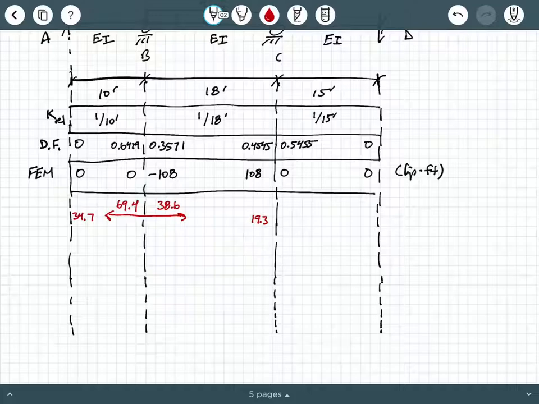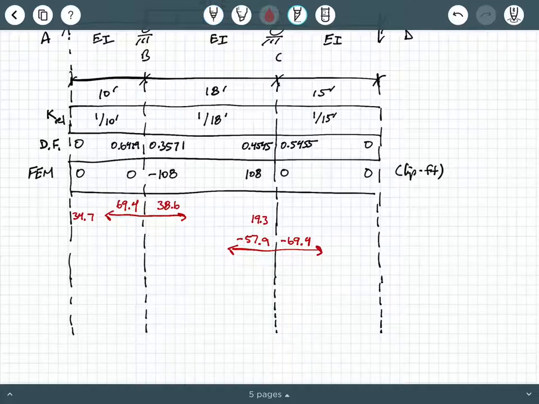Let's populate this table. So what did we just do? We put into this a balancing effect. So infinitesimally to the left of C, we have negative 57.9. And then infinitesimally to the right of C, we calculated negative 69.4. So this is balanced now.